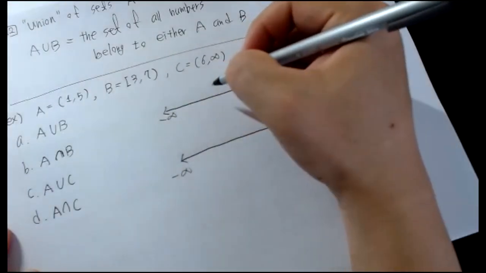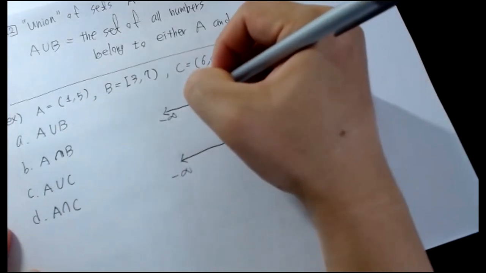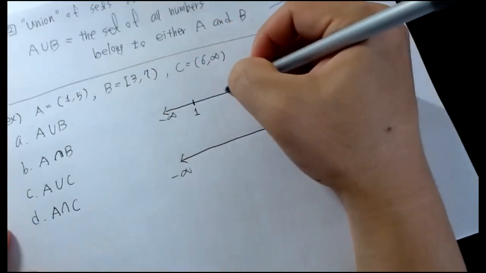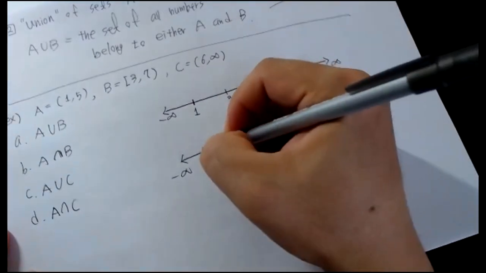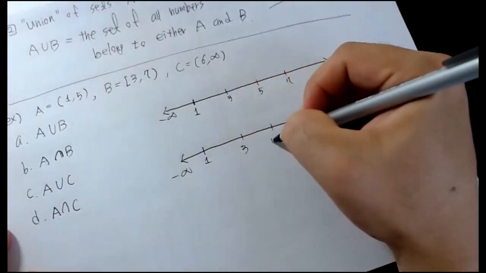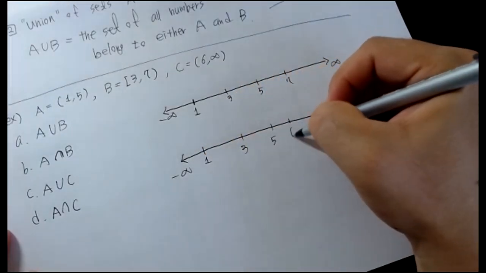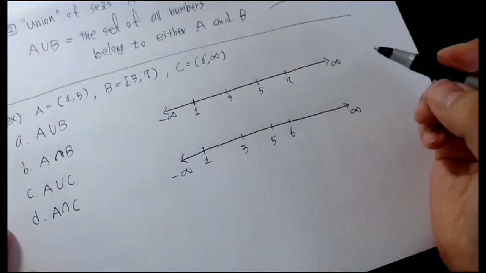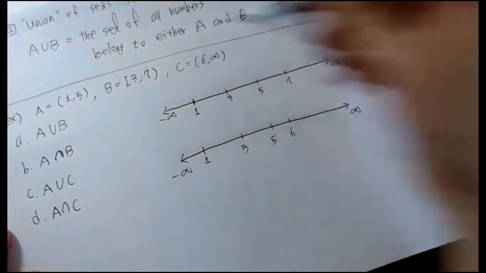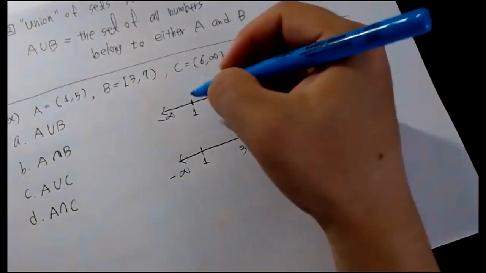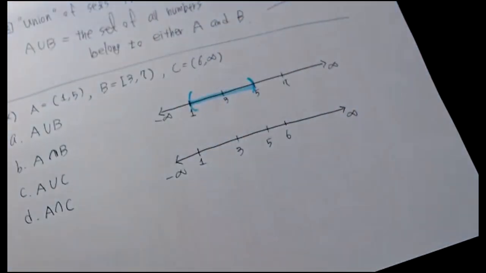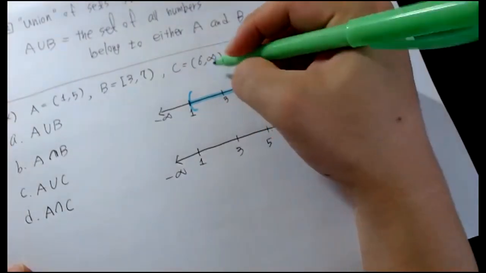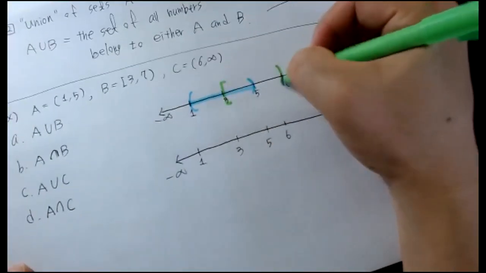Maybe 1 is right here. Let's say here's 1, and then 3, and then 5 and 7, and 6. Right here. So 1, 5 is what? So A is this, open 1, 5, right? Open, right? Then B is 3, 7, right? Half open, closed, open.